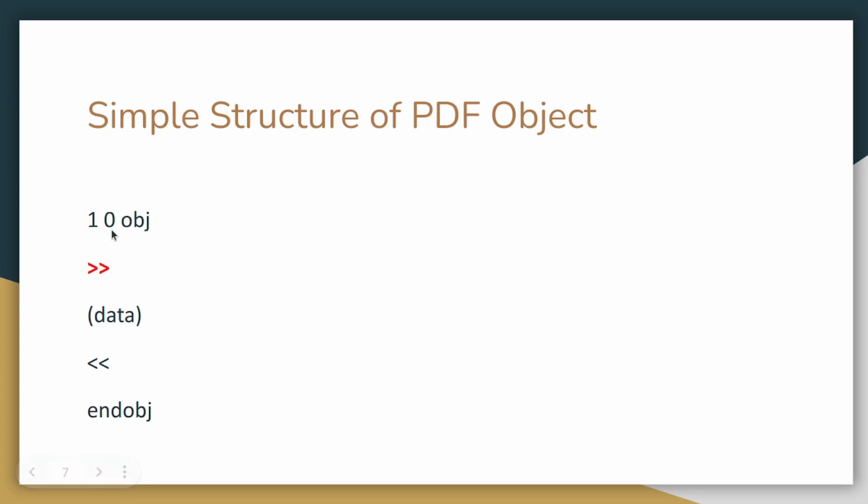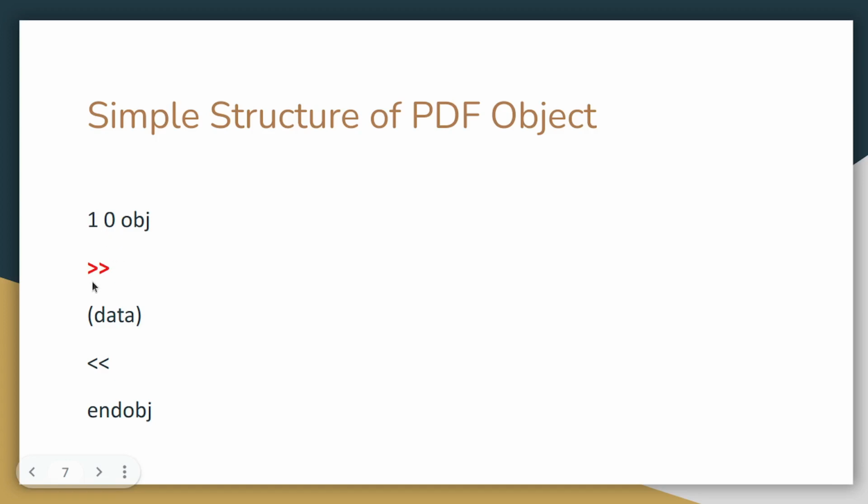The generation is kind of an outdated concept for modern PDFs. It was basically used as a version check, but nowadays it is not used anymore. So most often you will encounter a 0 in this generation part.